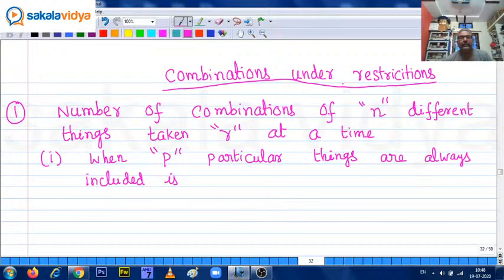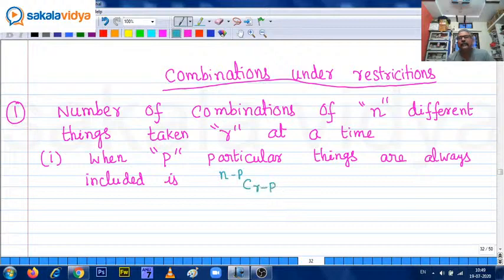The particular things need to be always included; we should not neglect them. Out of r things, p things are already selected, so r minus p need to be selected from the remaining n minus p. The remaining things are n minus p because p particular things are already selected. Now we need to choose the remaining r minus p: n minus p C r minus p.